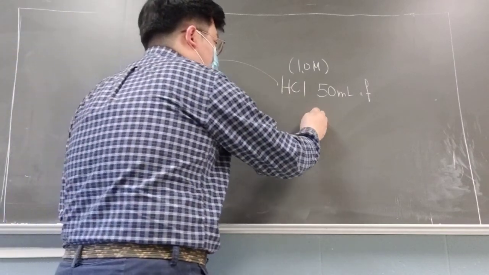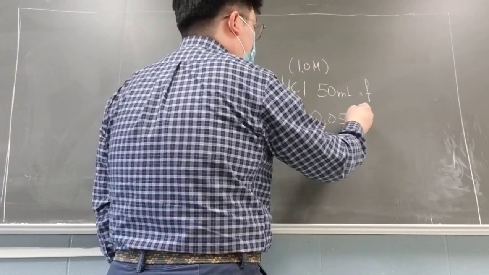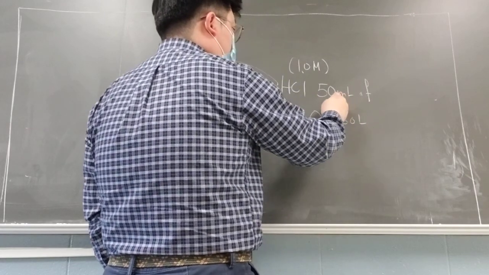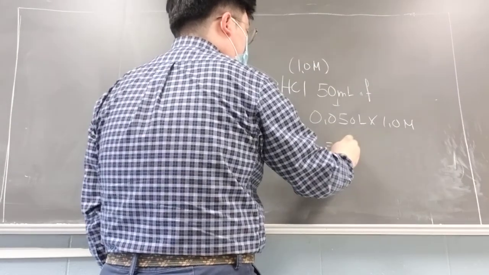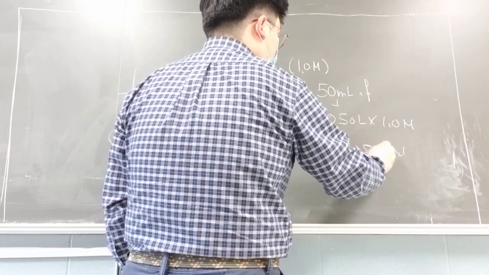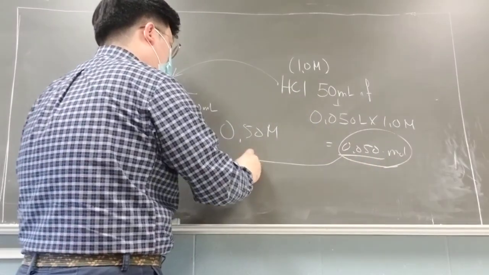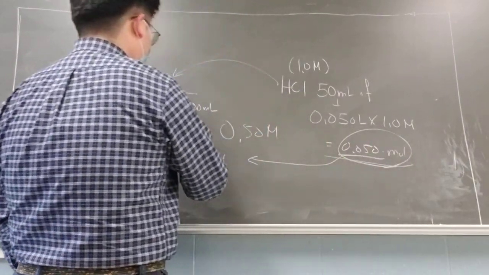So same. You just multiply these two together. I'll put this in liters. With the molarity, you can get the moles. This is the same as, and should be the same as, HCl, right? And divide this by the volume.